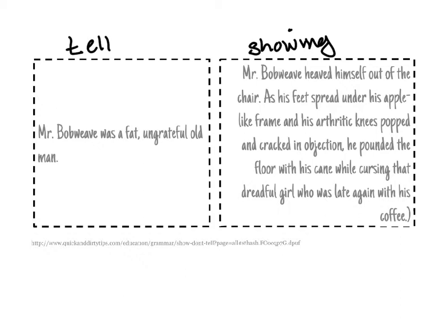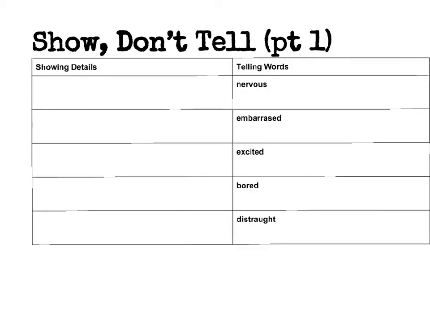Do you see the difference in these two paragraphs? Well, I should say a sentence and a paragraph. We want to make sure that we do more showing in our writing. And one way that we can do that is by trying to paint the picture that you have in your head on paper. Let's practice a few of these together.